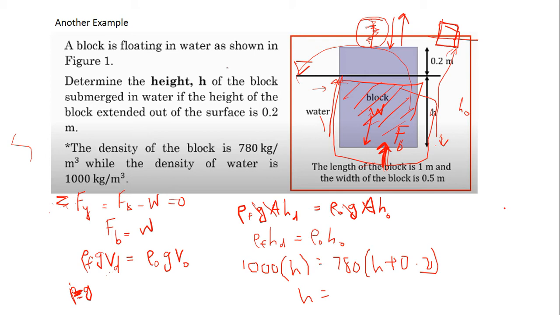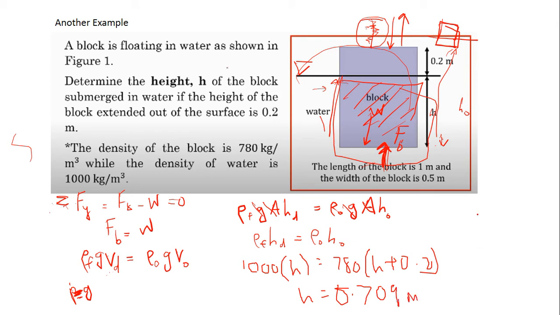So what is the value of H? 0.71. 0.709. Okay, so this solves your problem.